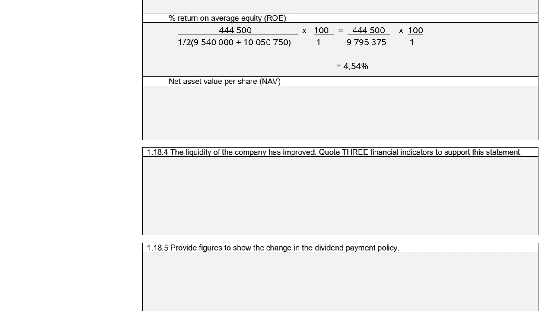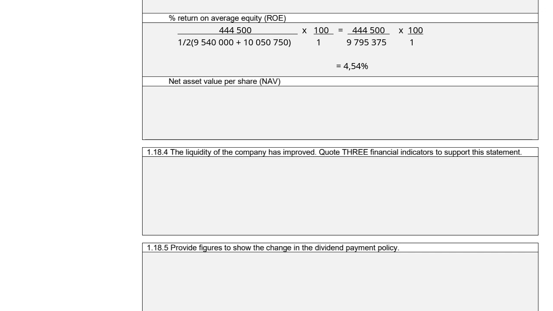Net asset value per share, NAV. Okay, so to calculate the NAV, it will be your shareholders' equity divided by the number of issued shares. Now if we go back to information A, we started with 900,000 shares, then we bought back 75,000 shares, which we'll minus, and then we issued an additional 125,000, which we'll add.